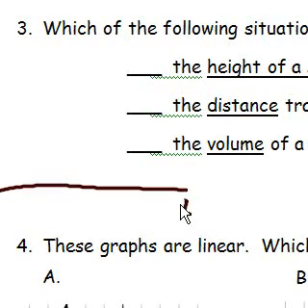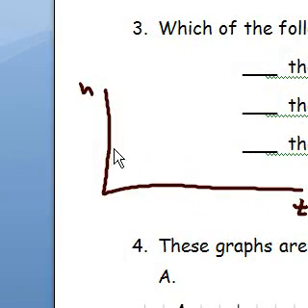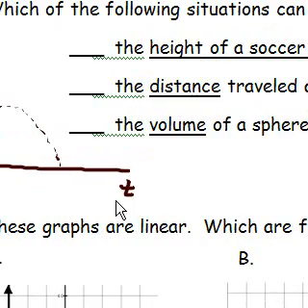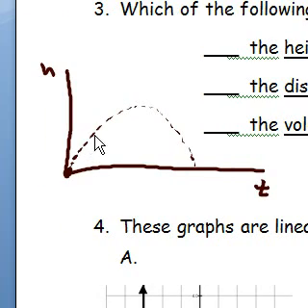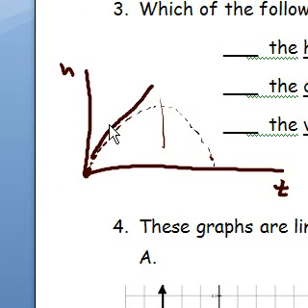Well, here's our time. Here's the height of a soccer ball. If the soccer ball is kicked off the ground, the height is increasing, and then it reaches a peak, and then it comes back down. This is not a linear function because initially the change in the height is positive, and then over here we see that the change in the height is negative.